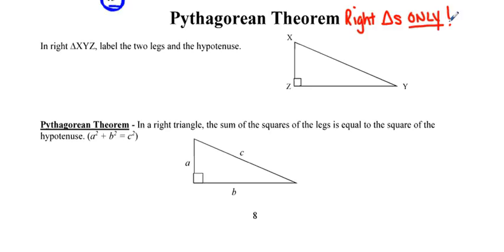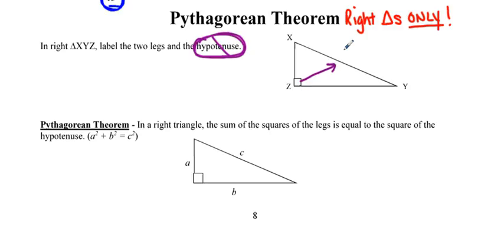It says in right triangle XYZ, label the two legs and the hypotenuse. I'm going to start with the hypotenuse. The hypotenuse, remember, in a right triangle, always lies opposite or across from the right angle. So in my picture here, angle Z is the right angle.